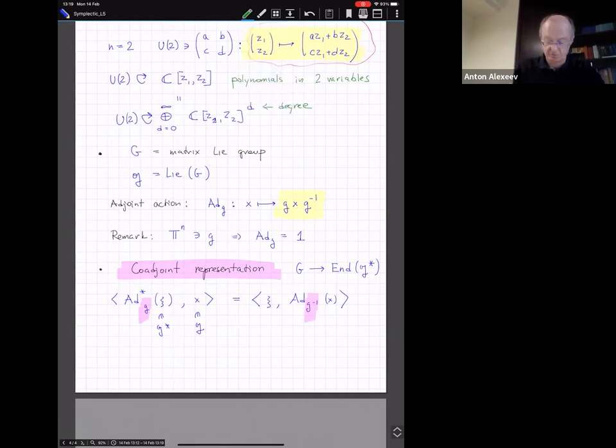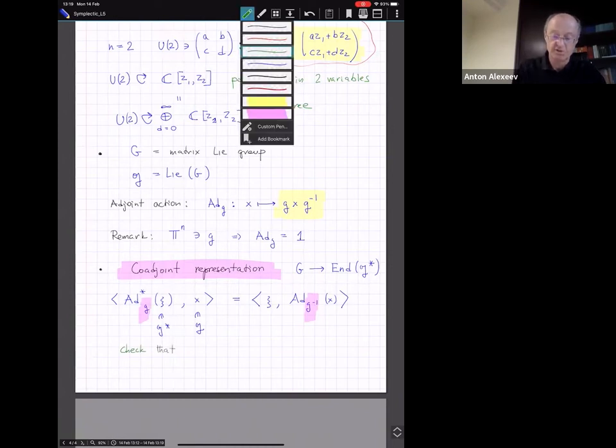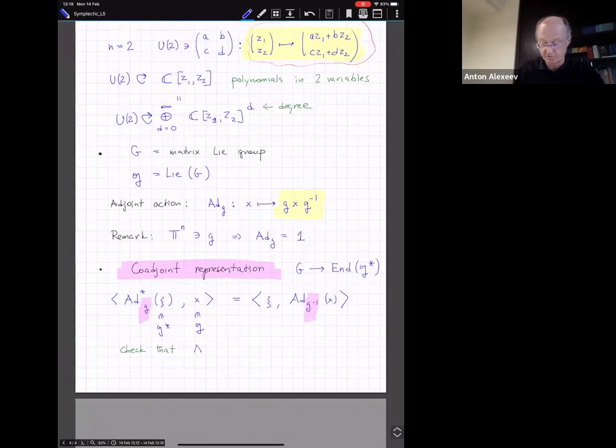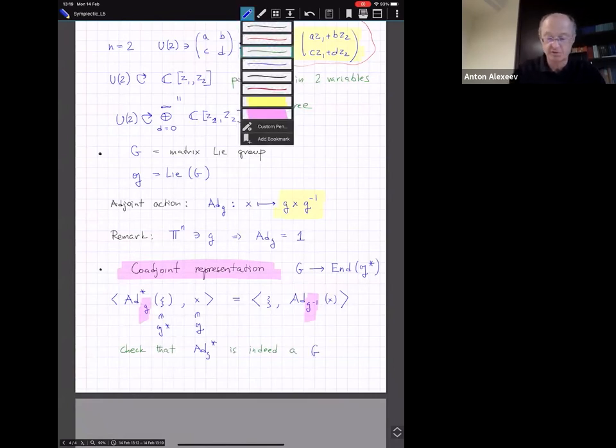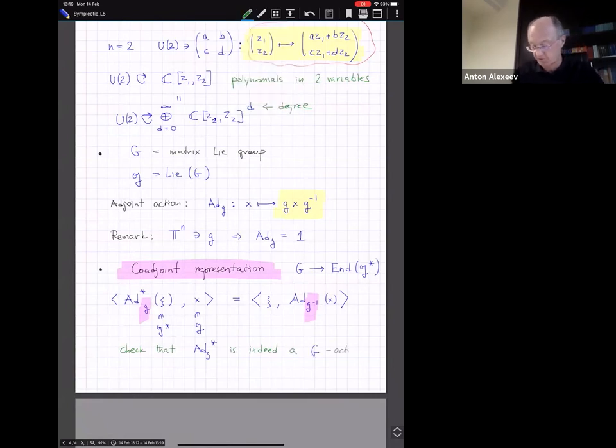And just a simple exercise, check that this is indeed needed to have an action. So this replacing g by g minus 1, that's because we want it to be a G action.